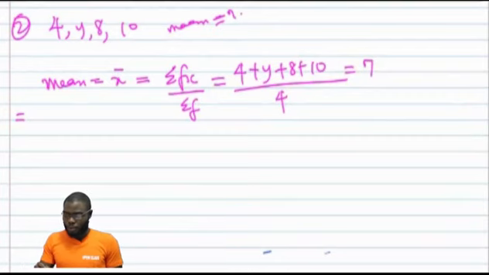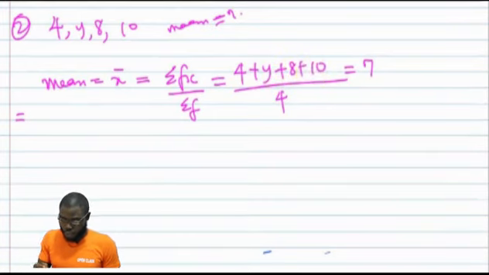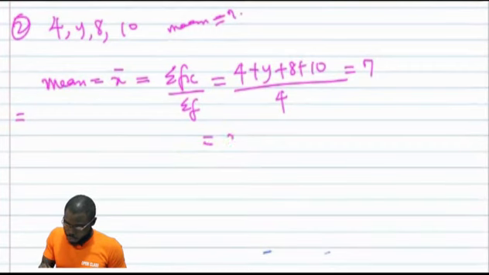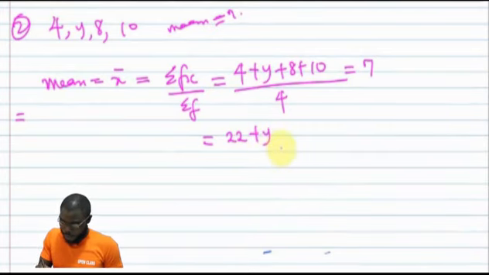Now, 4 plus 8 is 12. 12 plus 10 is 22. So we have 22 plus y over 4 is equal to 7.